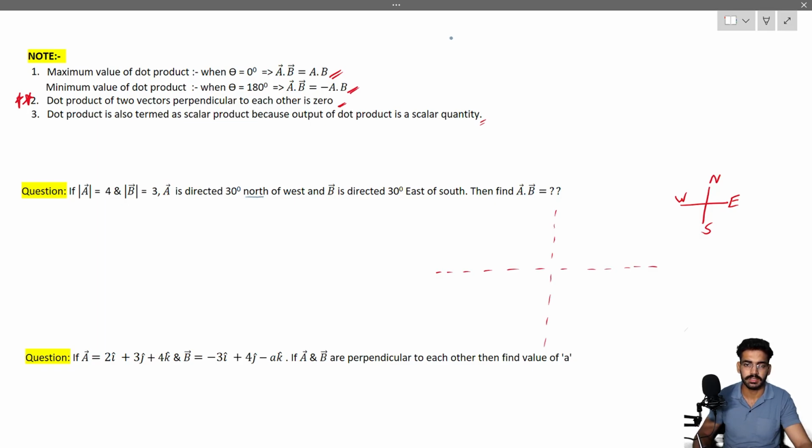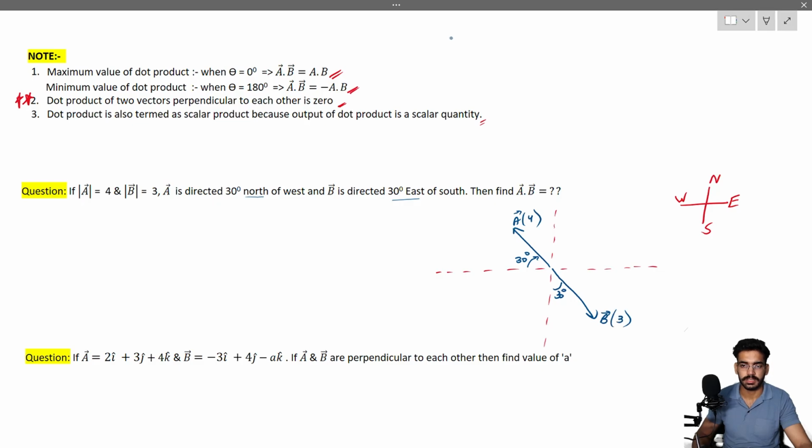So from west, 30 degree towards north, a vector lies with a magnitude of 4. Then b vector is directed 30 degree east of south. So from south you go 30 degree towards east. That is the b vector.